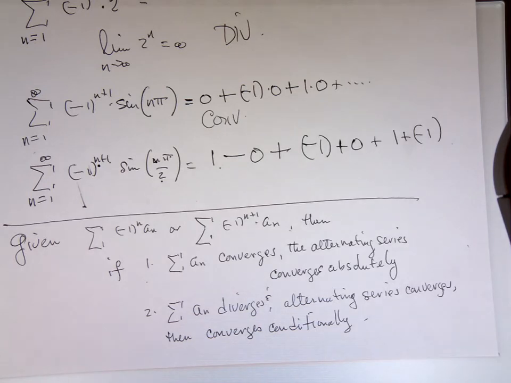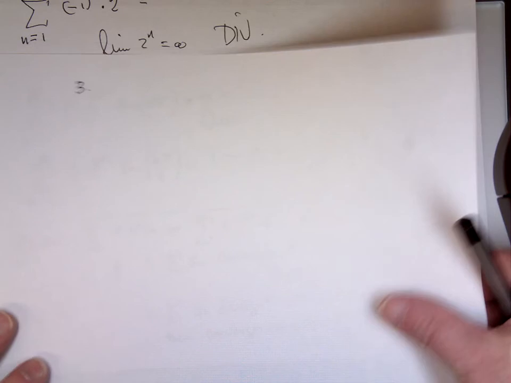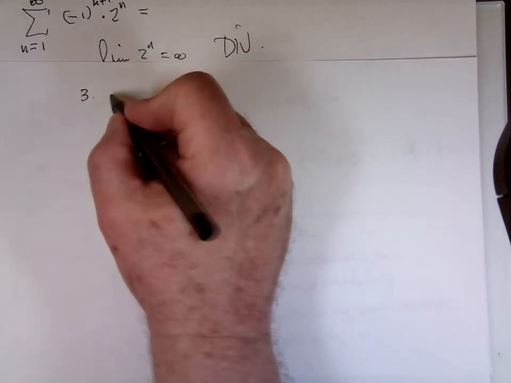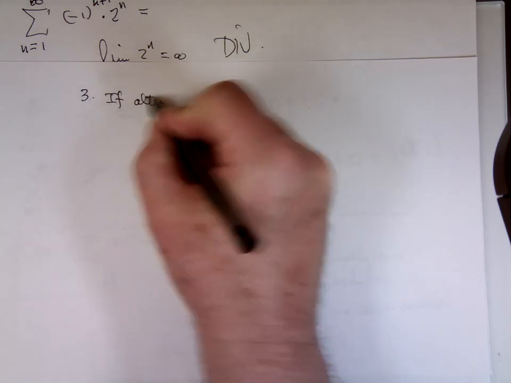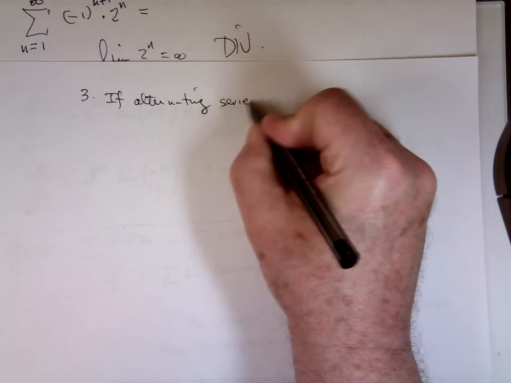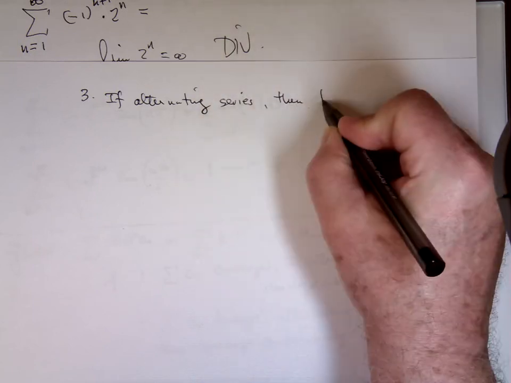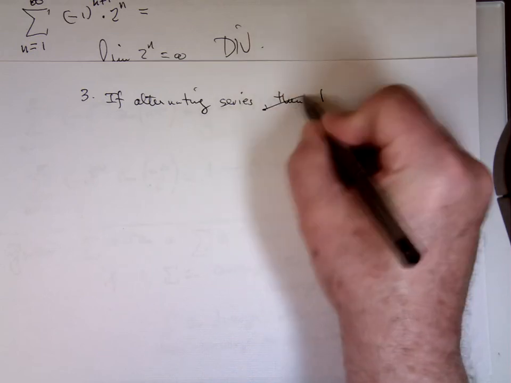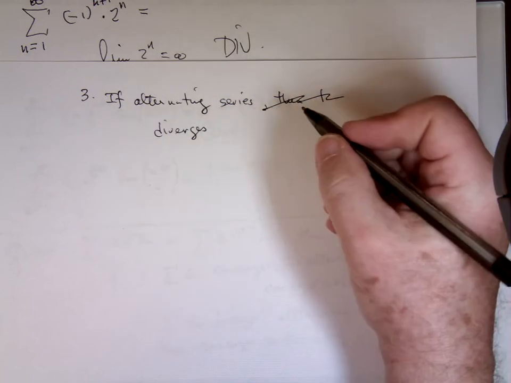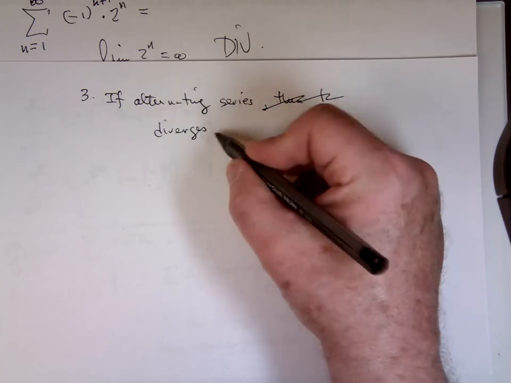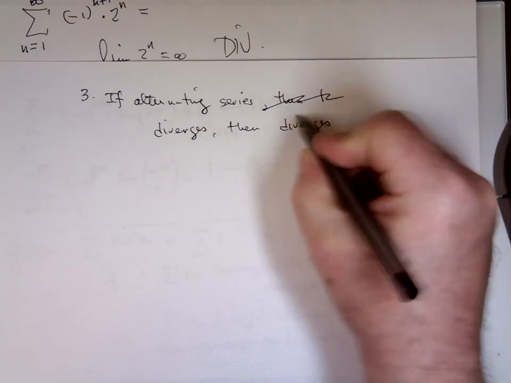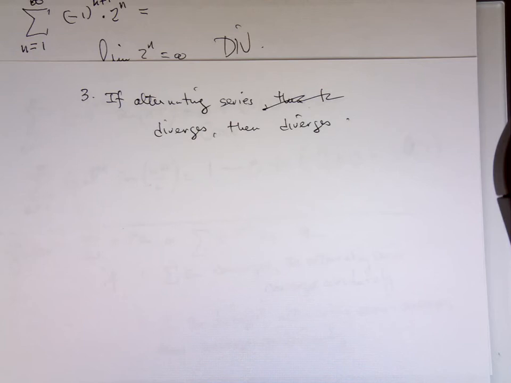There's only one left, and that is if the alternating series diverges, then you're done, and the series diverges. If it diverges, it diverges.